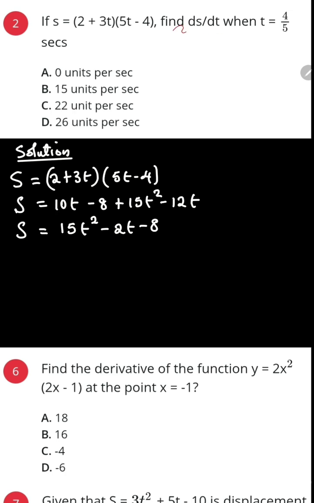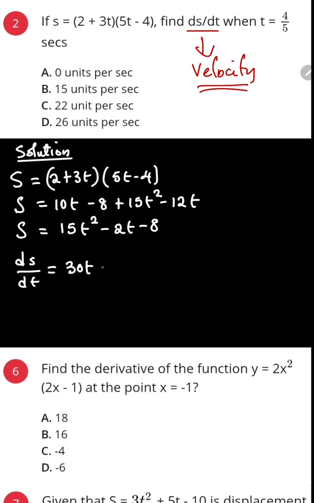Now we are going to find ds by dt, which in other words is known as velocity. Sometimes they can just tell you to find the velocity at t equals 4/5. So you should take note of that. So what I'm going to do now is find my ds by dt. This is going to be 30t minus 2. But remember, it is said that I should find it at the point t equals 4/5. So anywhere I see t, I'm going to put 4/5.